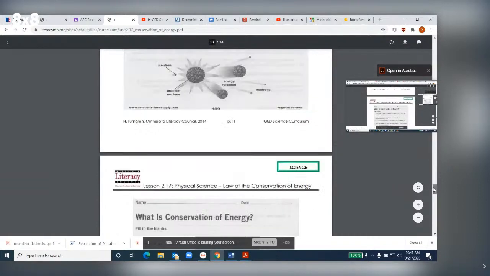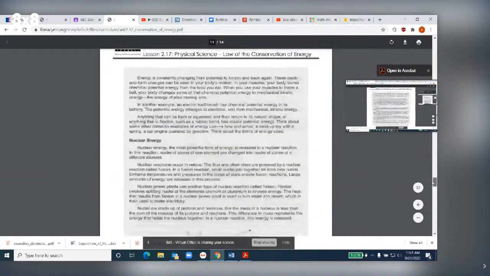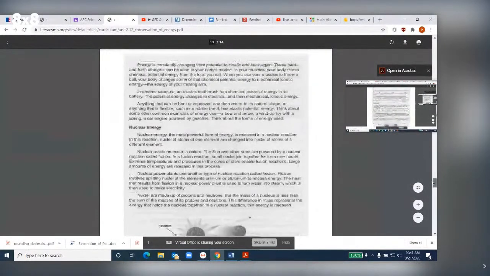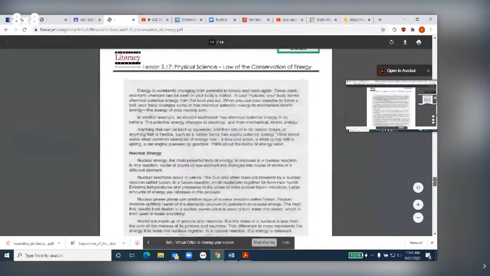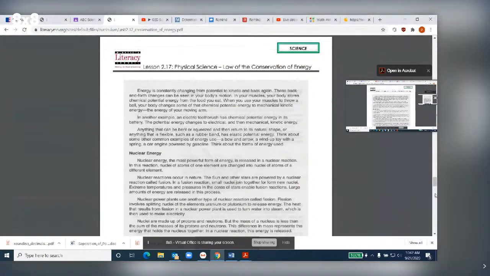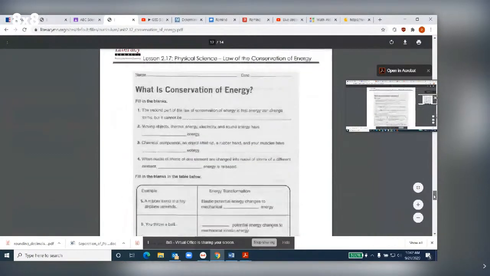Moving objects, hold on, went one too far there. Let's go back to number 2 here. Moving objects, thermal energy, electricity, and sound energy have that would be kinetic, and the third one is potential. So 2 is kinetic and 3 is potential.